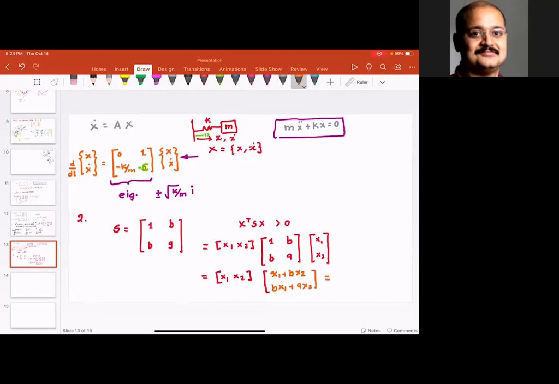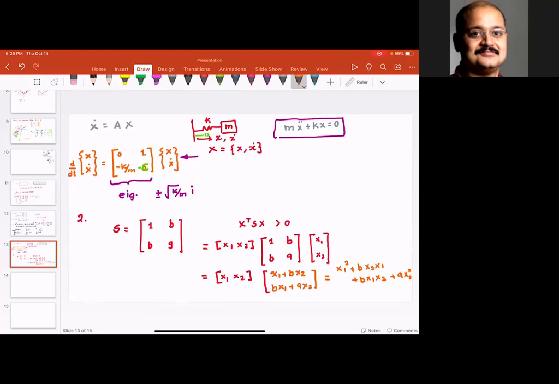This equation is going to look like x1 square plus b x2 x1 plus b x1 x2 plus 9 x2 square. And you want to make sure, so what would be the value of b for that?